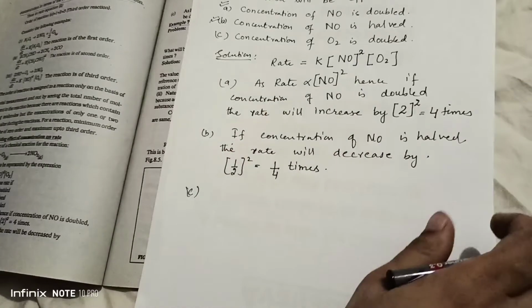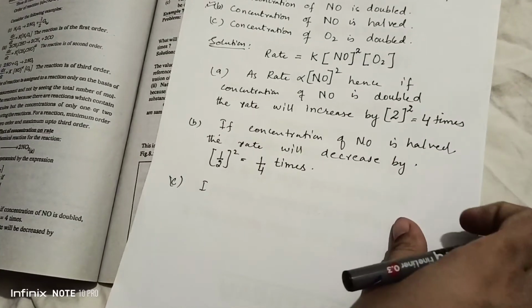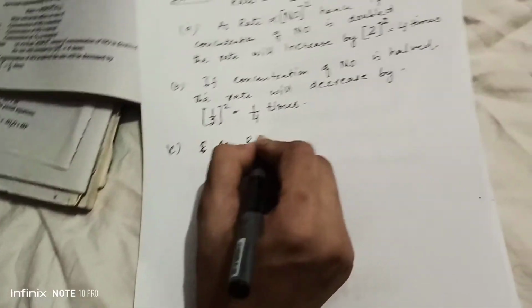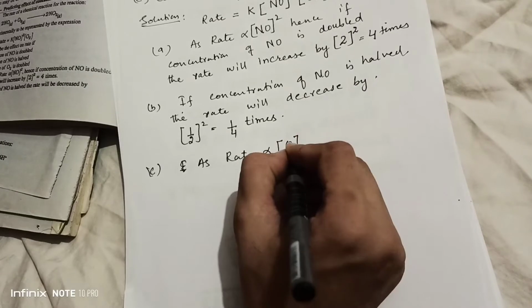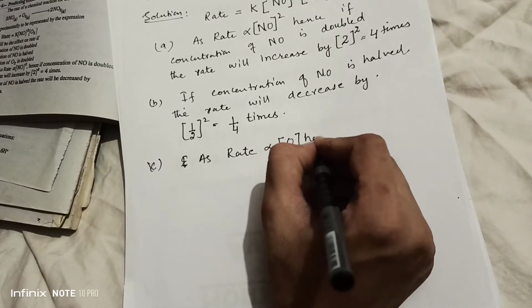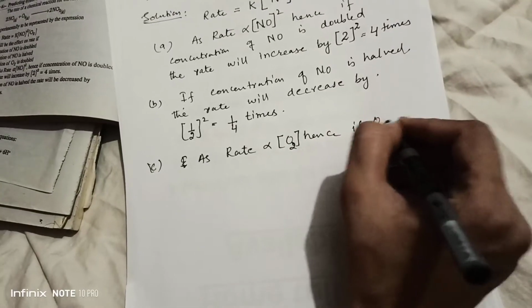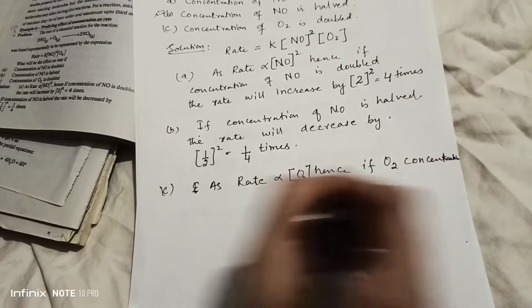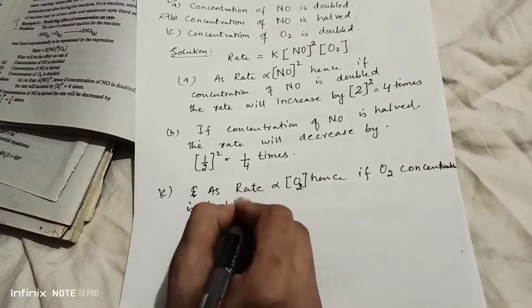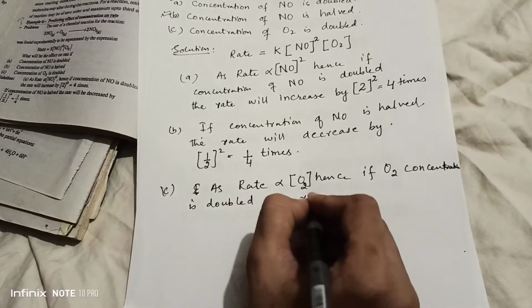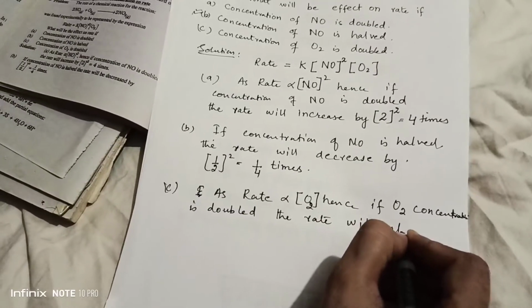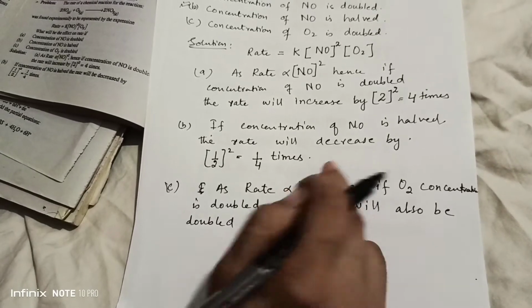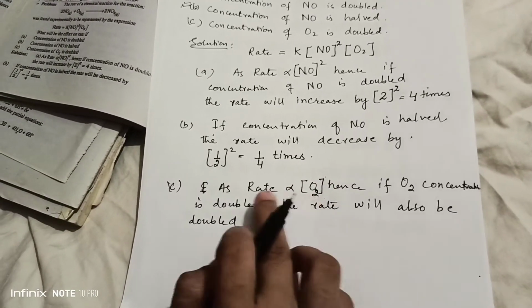As the rate is directly proportional to [O2], if the concentration of O2 is doubled, the rate will also be doubled.